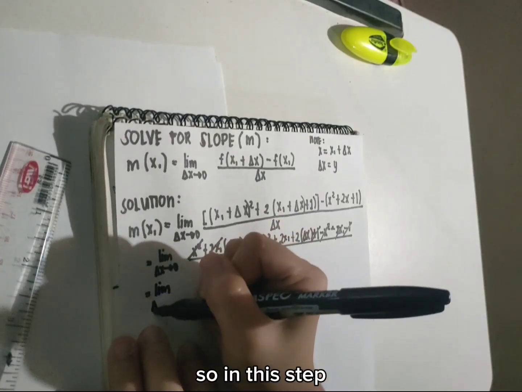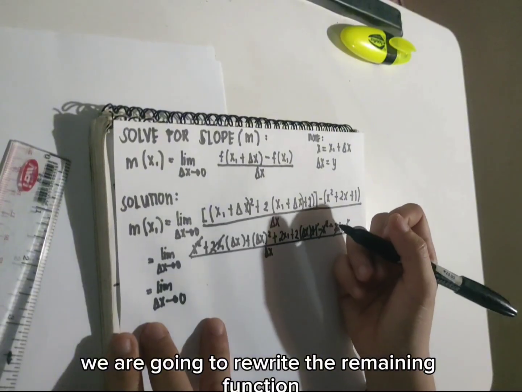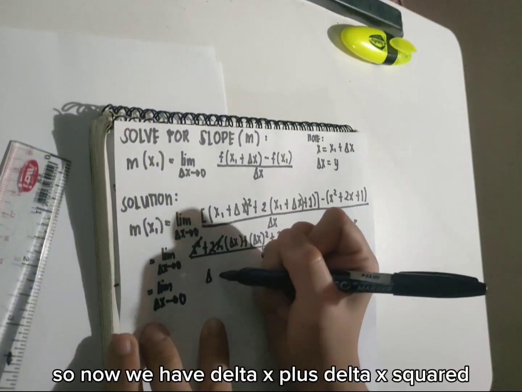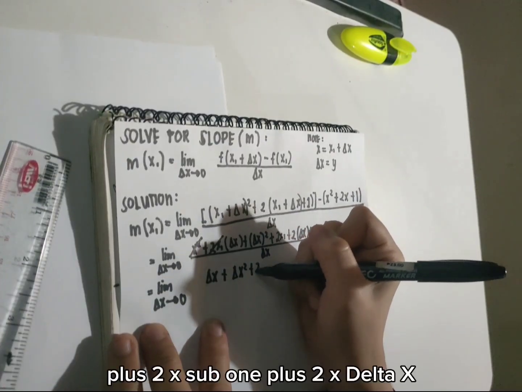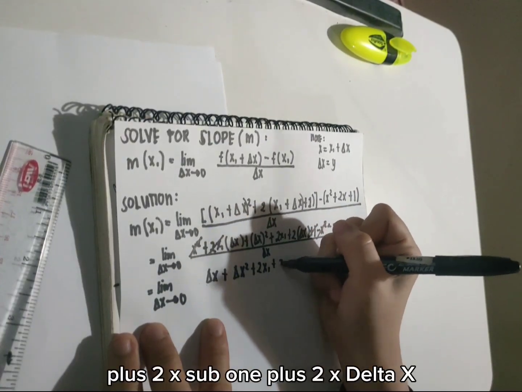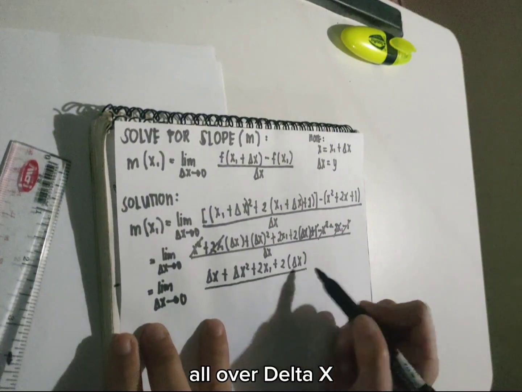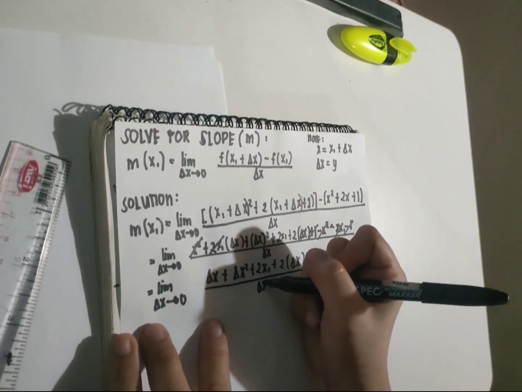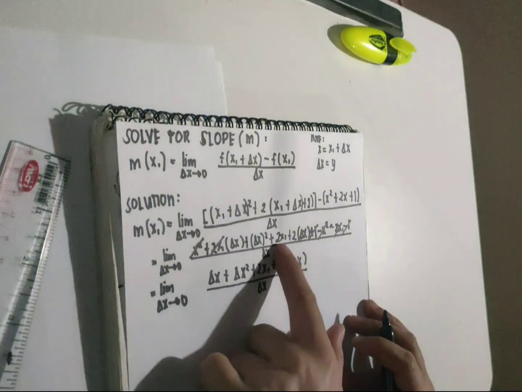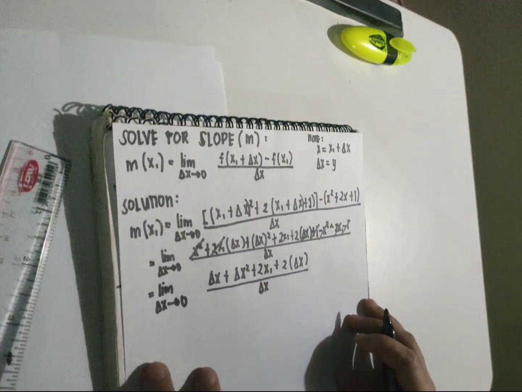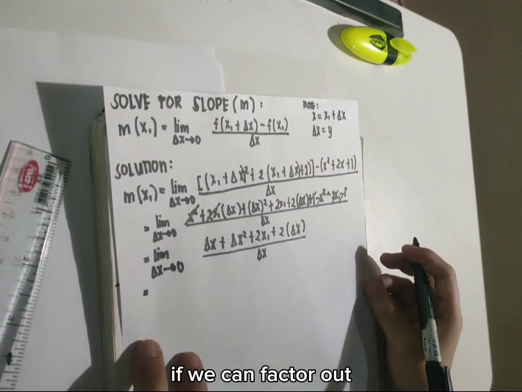So in this step, we are going to rewrite the remaining function. So now we have delta x plus delta x squared plus 2x sub 1 plus 2x delta x all over delta x. Now we are going to identify if we can factor out the function.